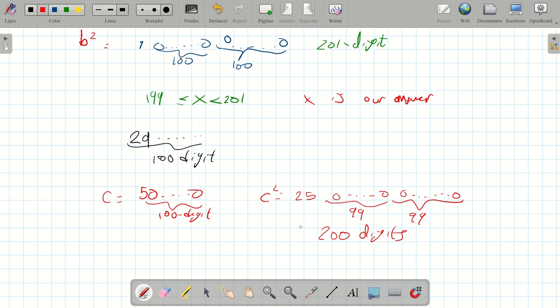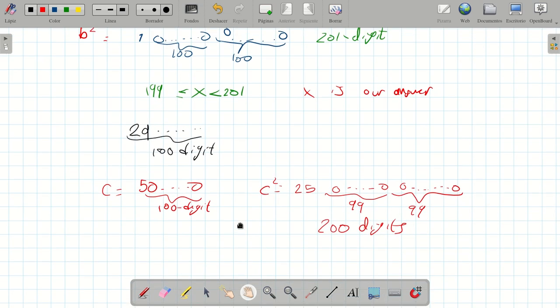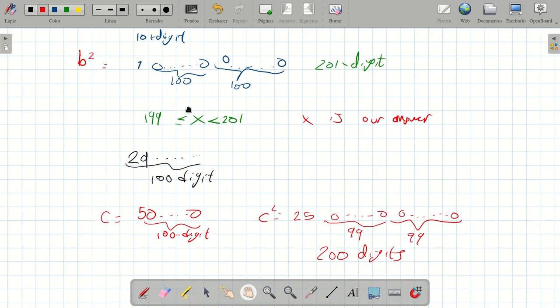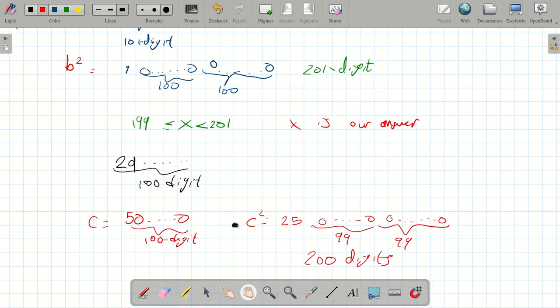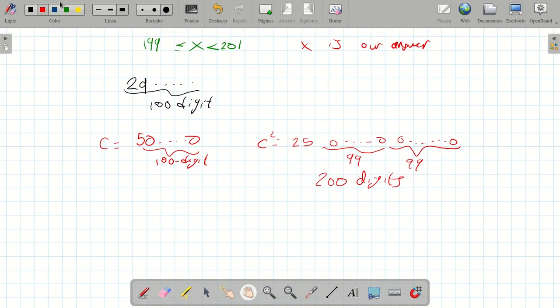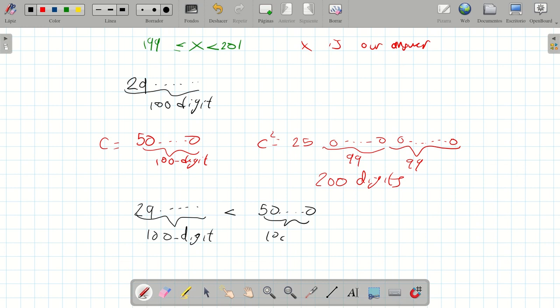So now you can see that we clearly found that our number 29, which is a 100 digit number, is less than this number, which is also a 100 digit number.